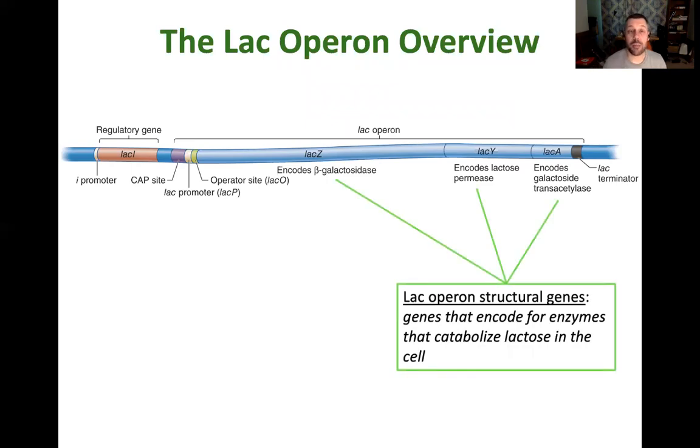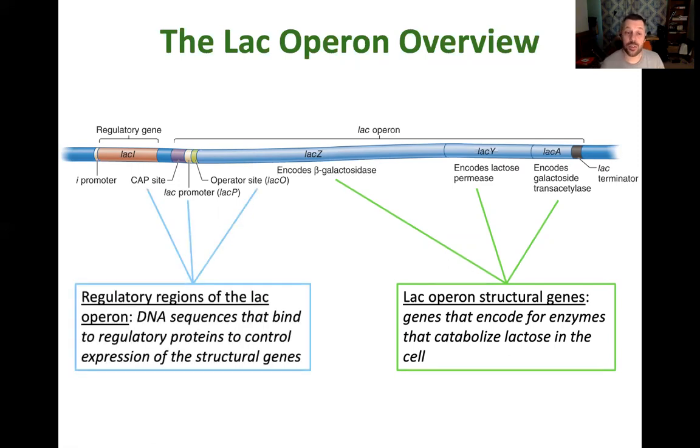So if you want to separate the Lac operon into its component parts, you would say that it has three structural genes that encode enzymes important for lactose metabolism. And it contains three regulatory regions, which are just DNA sequences that bind to different proteins and are involved in transcriptional regulation of the Lac operon.